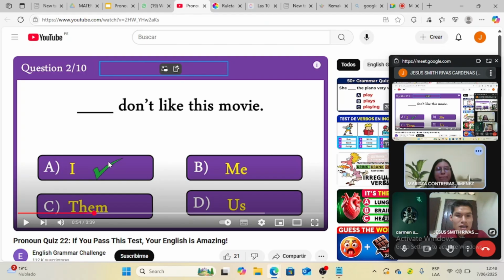And this is true because after we have don't, and don't like is a verb, in this case in the negative form. So before a verb we should use a subject pronoun. In this case it is I. Well, very well, Maritza. Let's continue.